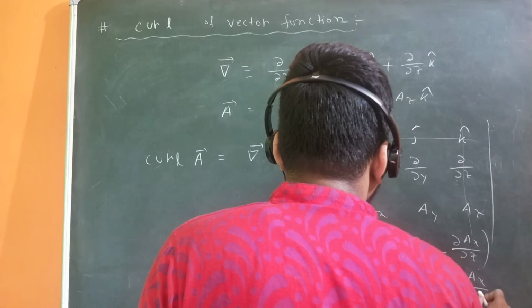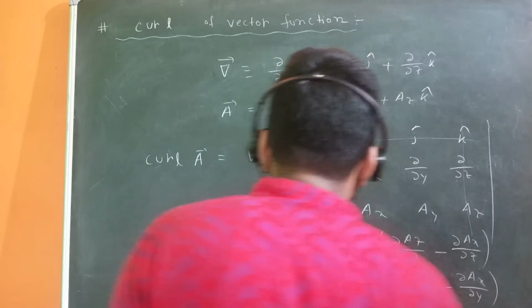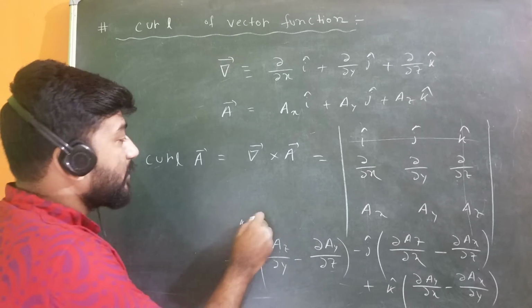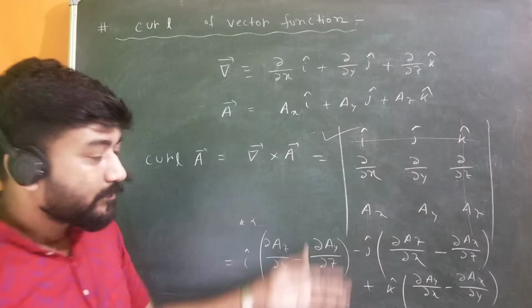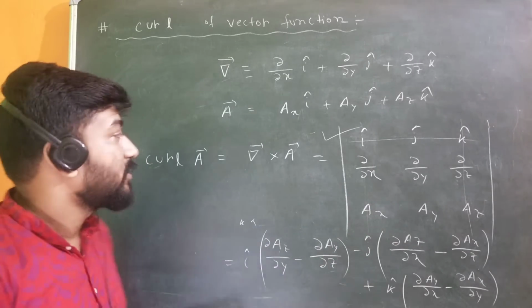This is how you expand the determinant, but you don't need to remember this. You always write it in determinant form and then expand it. So no need to remember this.